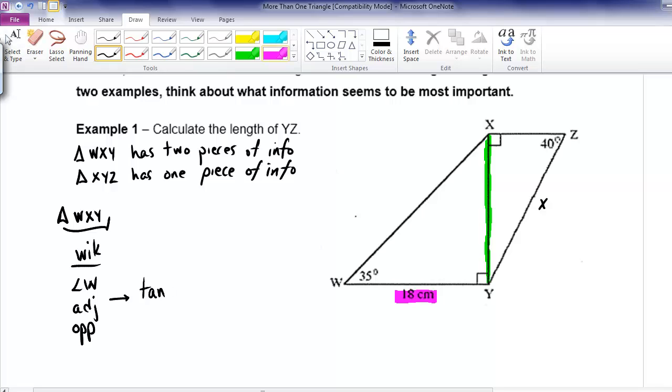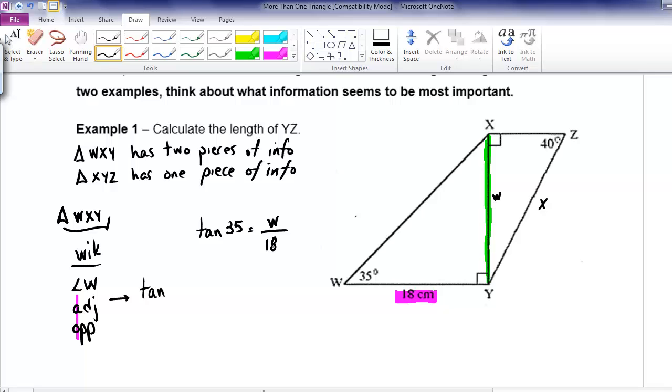There's the O and the A, and there's our tangent. So our tangent ratio is the tangent of our angle, and our angle is 35 degrees, equal to the side opposite, which I'm going to call little w, letters opposite angles are lowercase, over the side adjacent, which is 18.